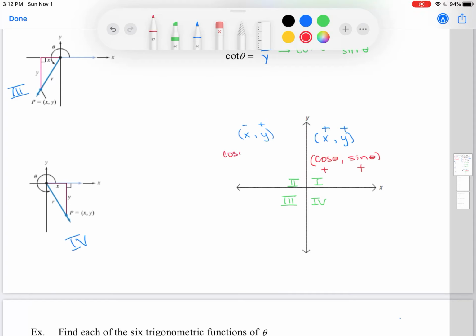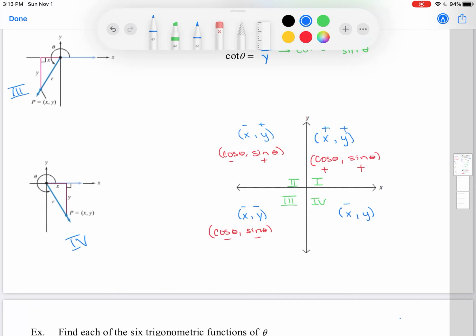All right. So same thing, I'm going to go back to the original x comma y. Well, in the second quadrant, my x's are negative, but my y's are positive. So that tells me that when I have cosine theta and sine theta, my cosines are going to be negative and my sines will be positive. Third quadrant, x comma y.